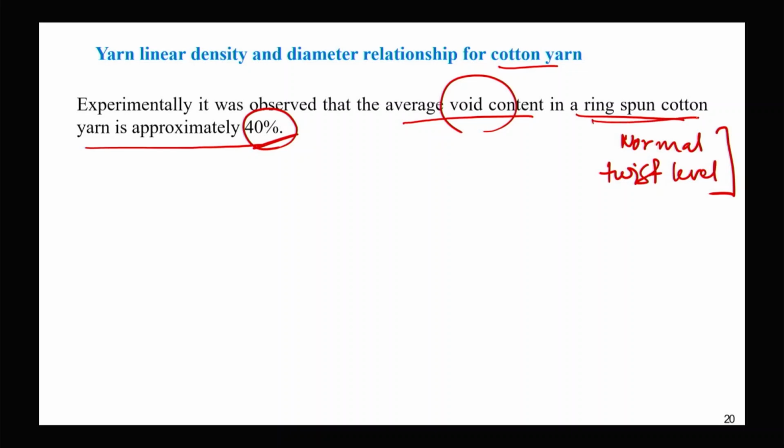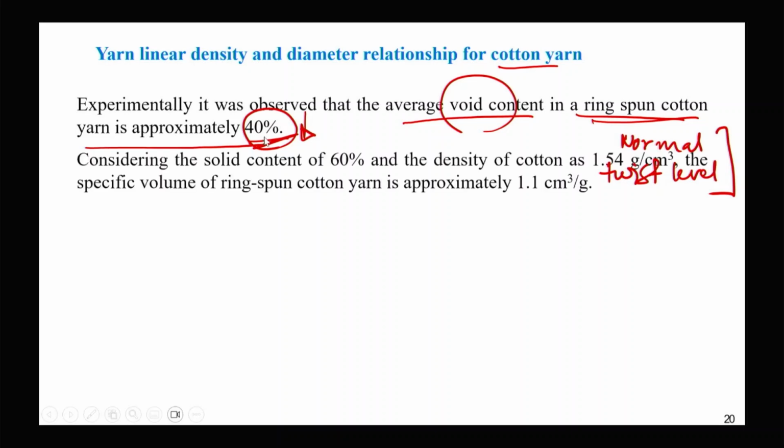That means this 40% void content can be increased or decreased. If we increase the twist, this void content will reduce, so the relationship will change.